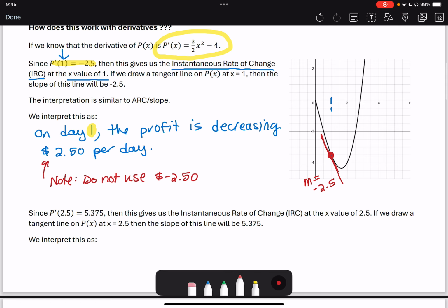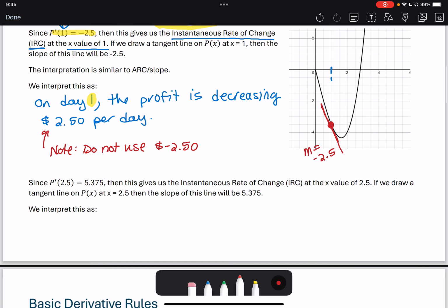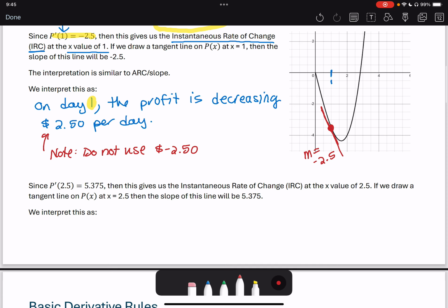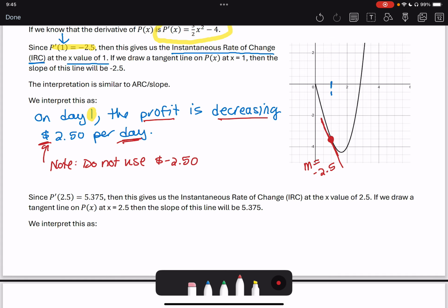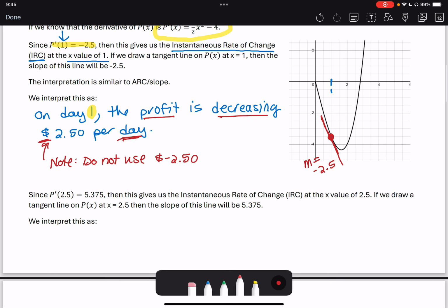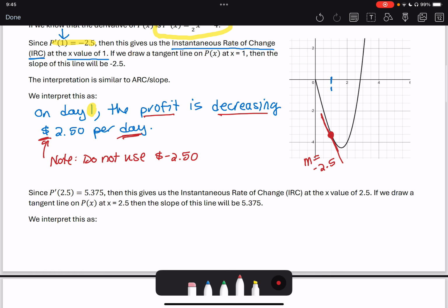So now let's look at this next one. It says P prime of 2.5 is 5.375. So what they're showing, let's go back over here to our function, and we're going to think about an x value of 2.5, which would be right in there.